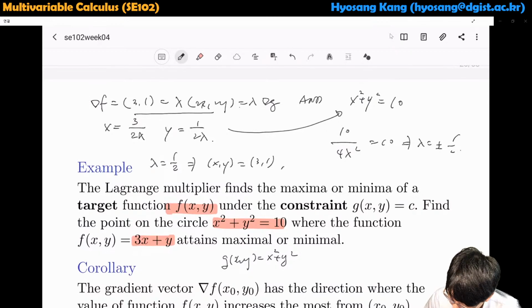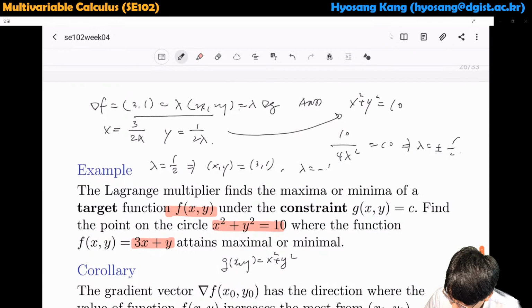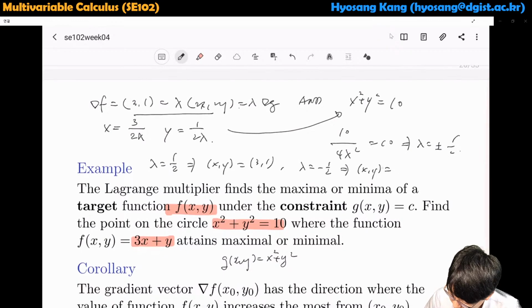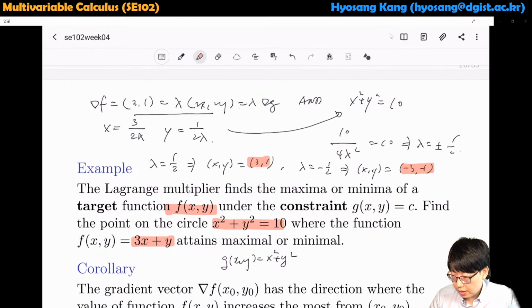And if lambda is minus 1 over 2, then (x, y) is (-3, -1). So we have found candidates (3, 1) and (-3, -1) that could be a local minimum or local maximum of the function f restricted on the circle, right?